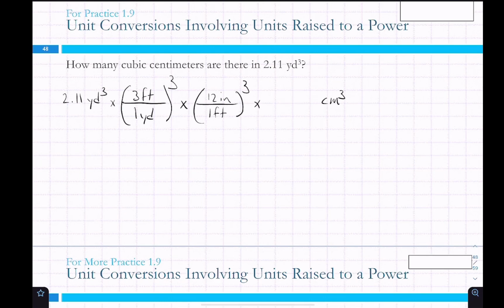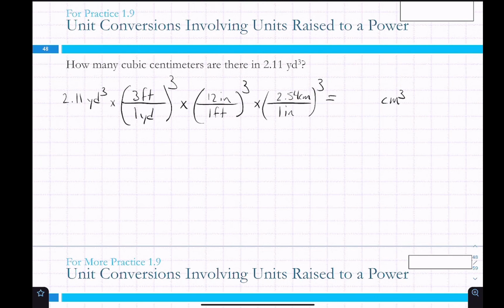And then if we want to go from inches to centimeters, same pattern. That 1 inch is 2.54 centimeters, then cube the whole thing. And now the units here, once cubed, will match the units here.